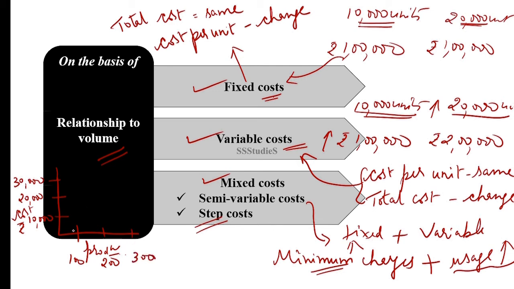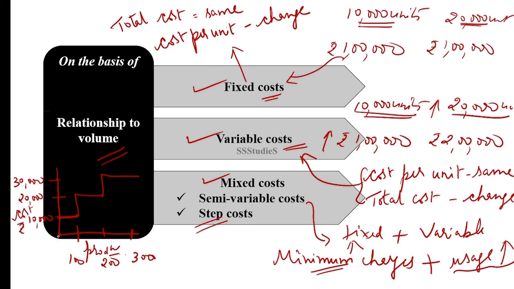Let us say up to 100 units, the cost is 10,000 rupees. If you want to produce 200 units, it will jump to 20,000 rupees. If you want to manufacture 300 units, the cost will jump to 30,000 rupees. So it forms a step. That is why it is called a step cost.